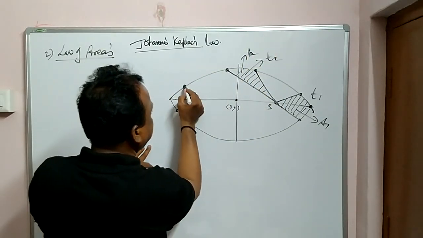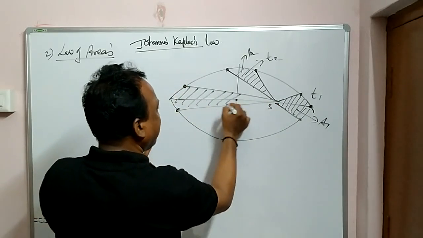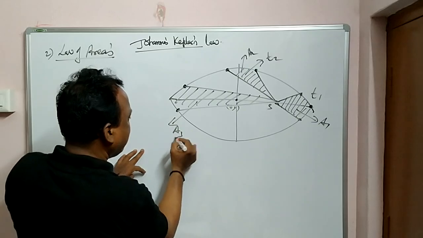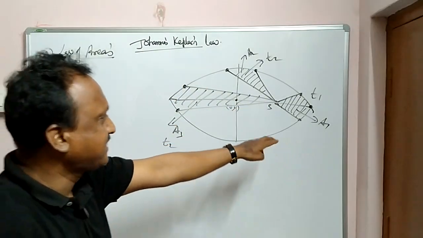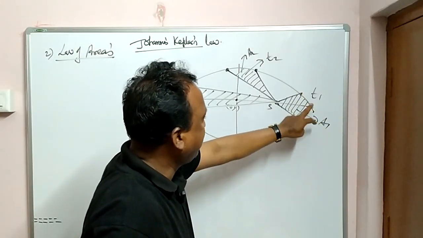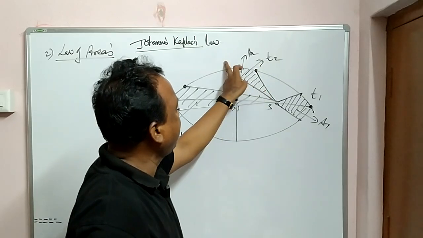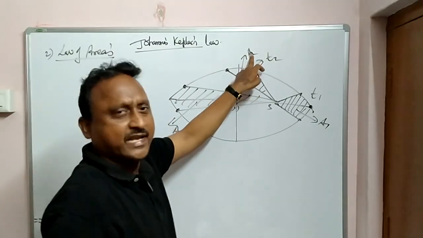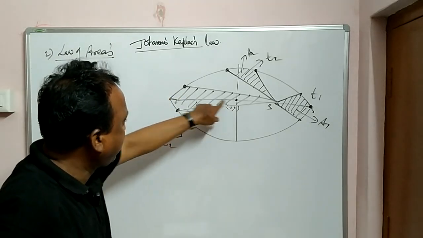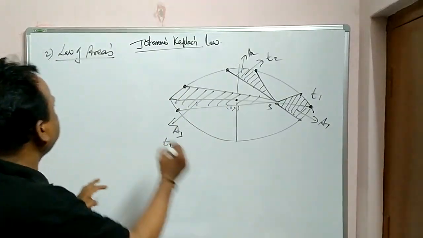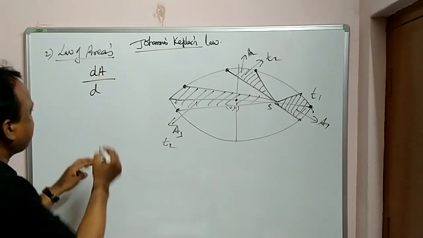Now let the planet be here, with area a3 and time t2. What Kepler's second law is explaining is that over time t1 the planet covers area a1, over t2 it covers area a2, and likewise area a3. Now what it is saying is, it is also called the law of aerial velocity, that is dA by dt.